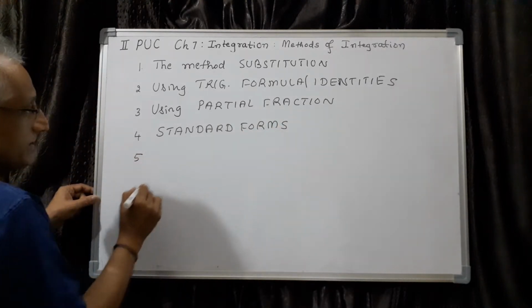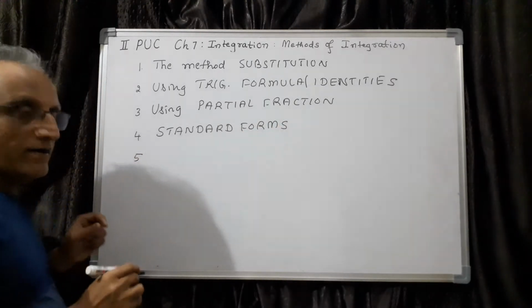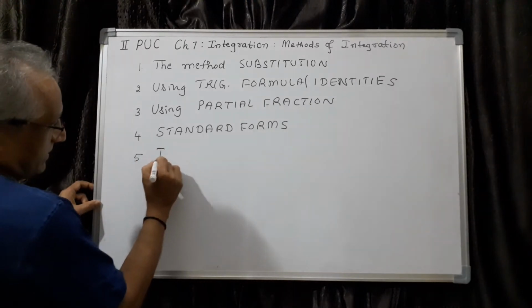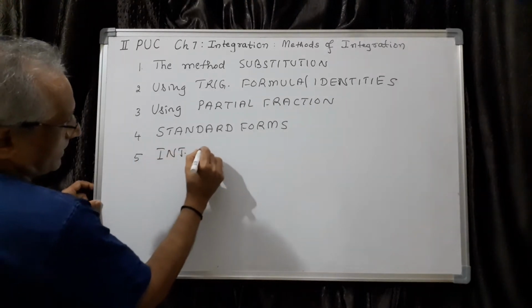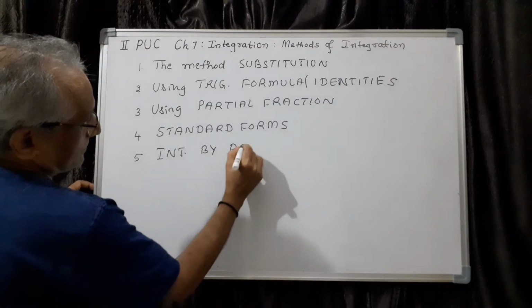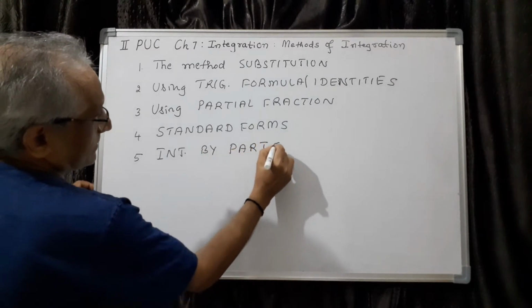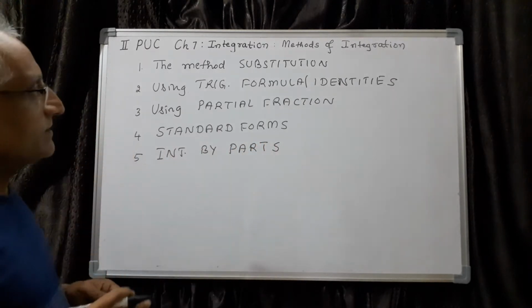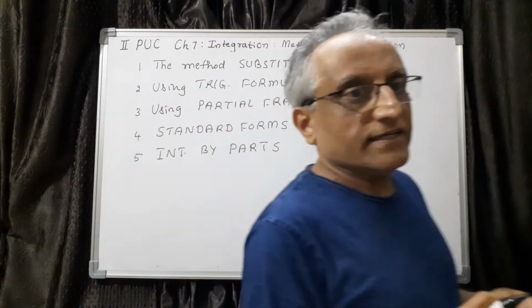Then the fifth one is integration by parts. So this is integration by parts. So these are the major 5 different methods of integrating.